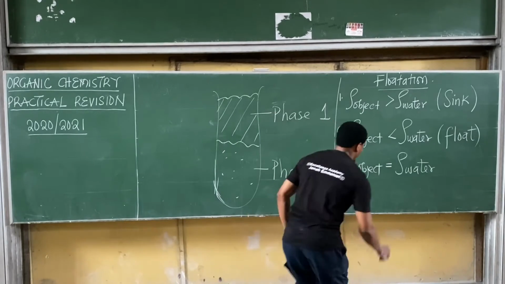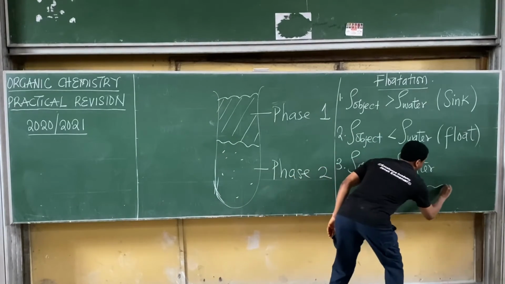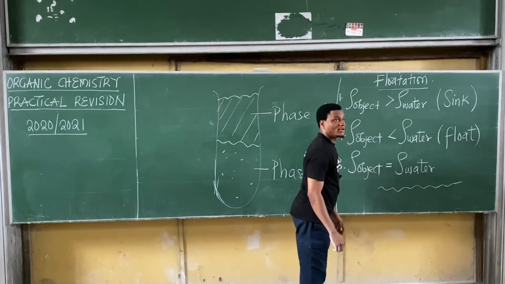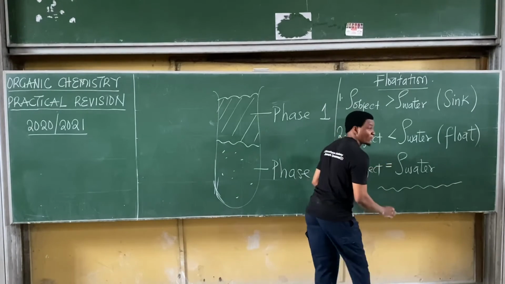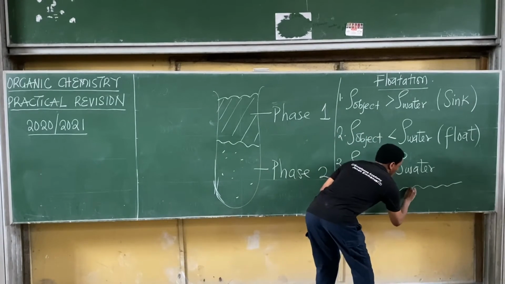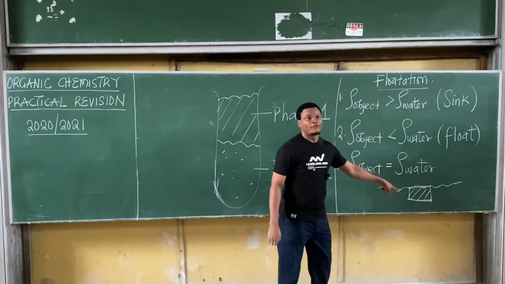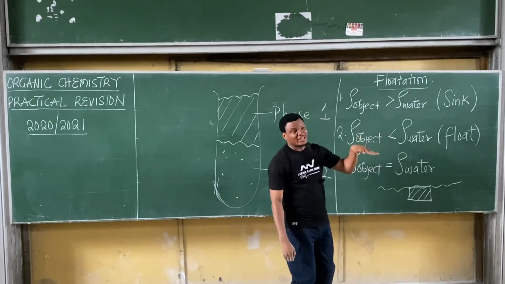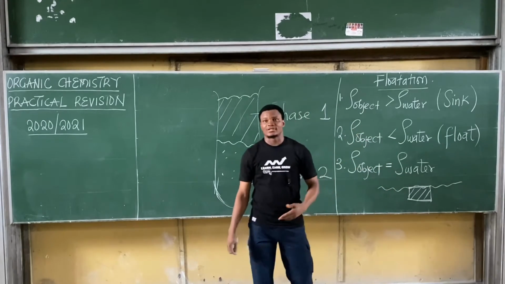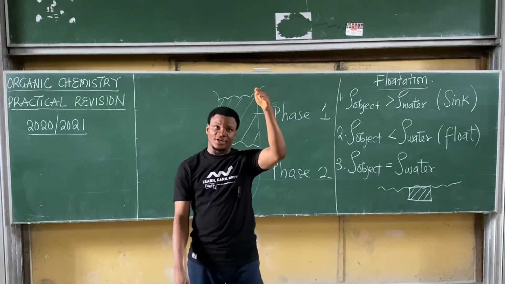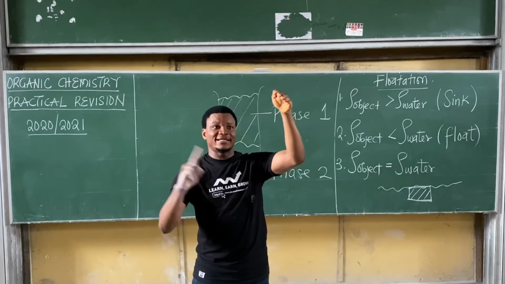Listen. See water here. If they are equal, it will float like this. The object will float, but totally submerged. That's the concept. So if it's floating, it's less dense.